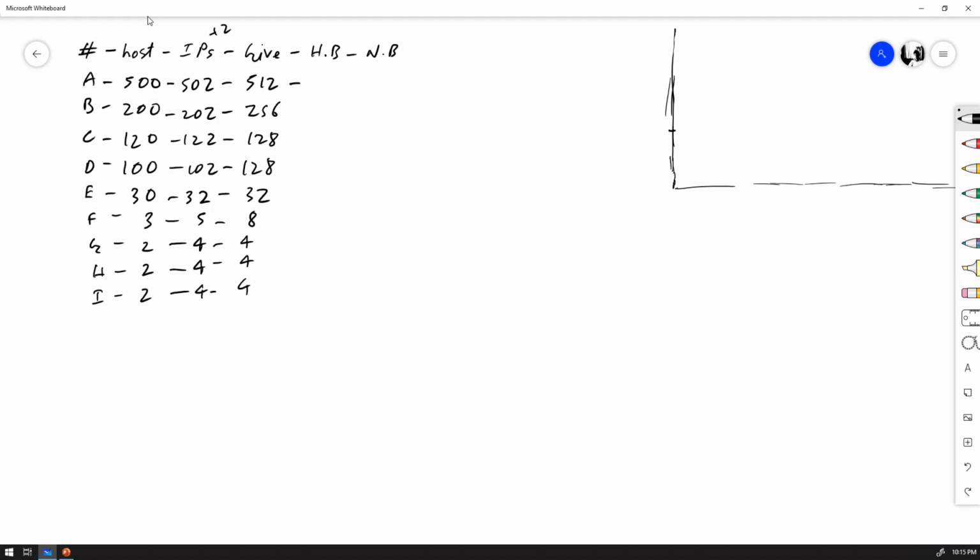Right? So to represent 512, I need 9 bits. This needs 8, this 7, 7, 5, 3, 2, 2, 2. And because their host bits are 9, their network bits would be 32 minus 9, which is 23. Yeah, 23, 24, this is 25, 25, sorry, 27.